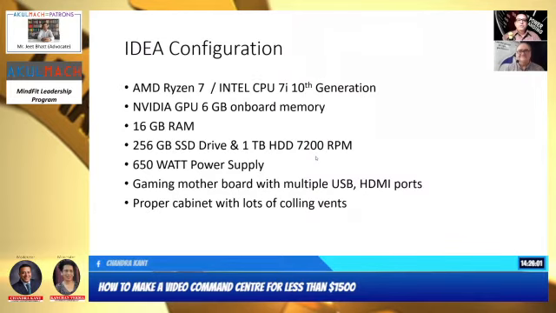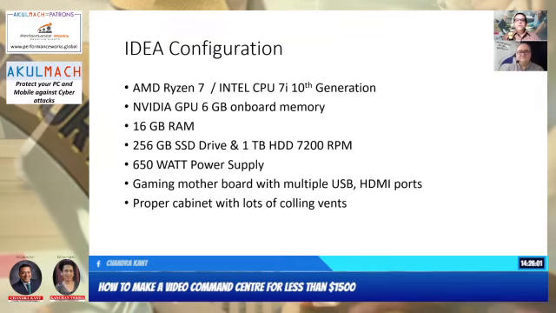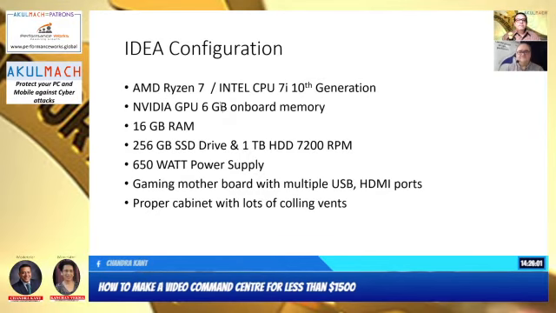Right. So moving on, I'm just going to summarize whatever we have said, which is the optimum PC that you can make for your graphical use, which is your video conferencing, your video editing, and your streaming. I think you can go in for i7 10th generation or AMD Ryzen 7. You should go for an NVIDIA GPU with 6 GB onboard memory.